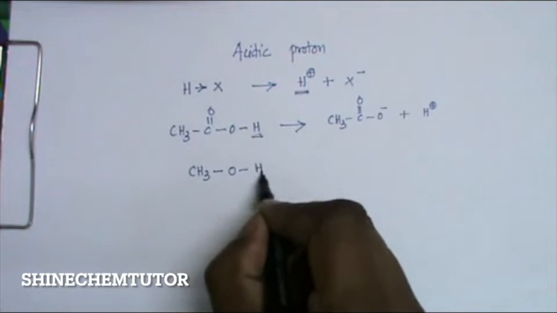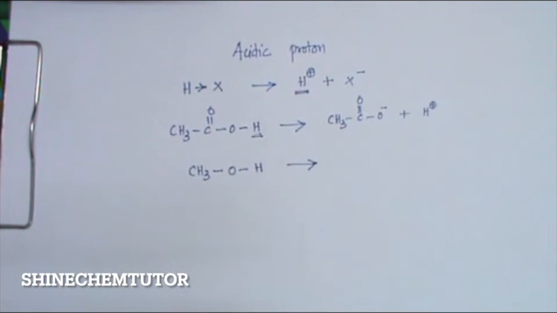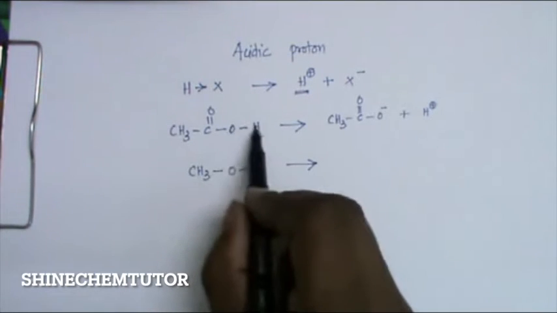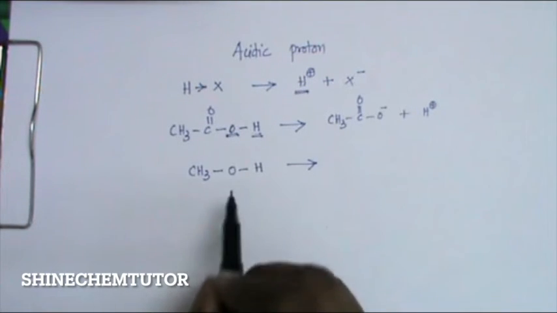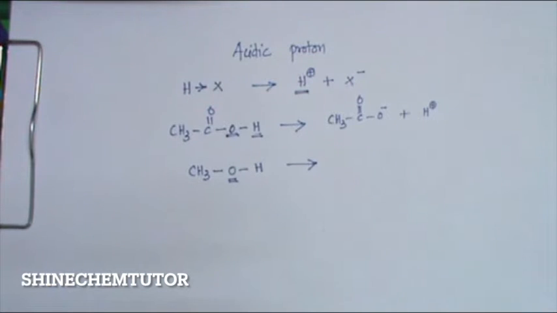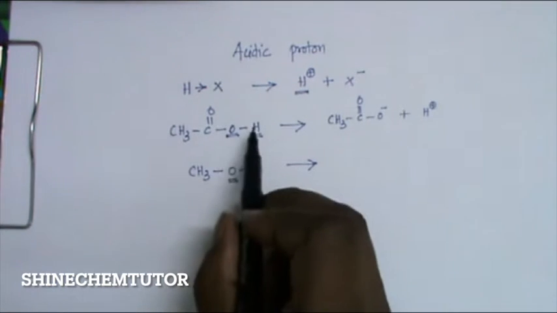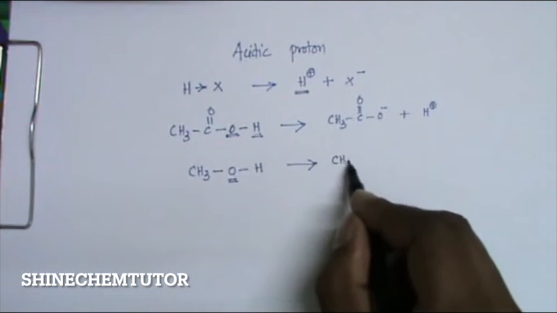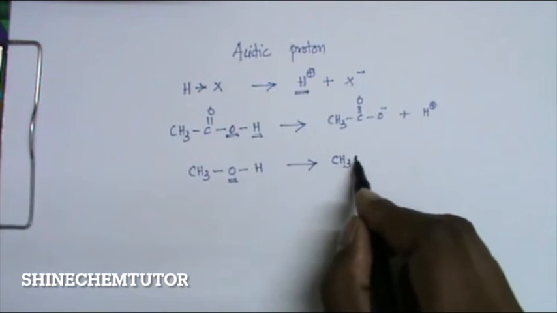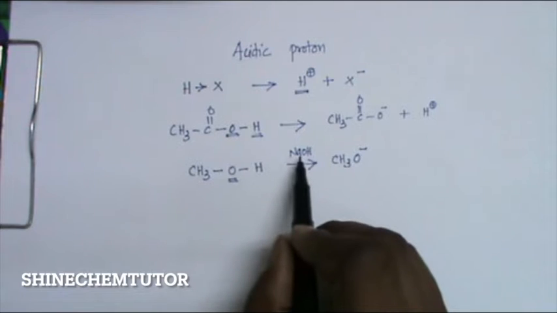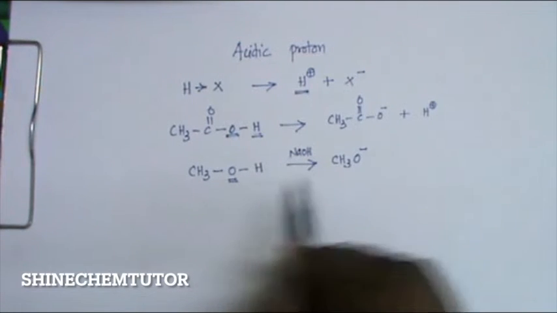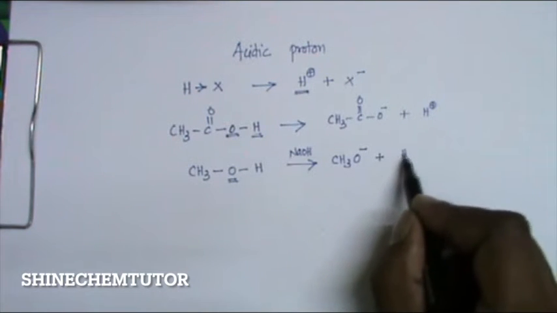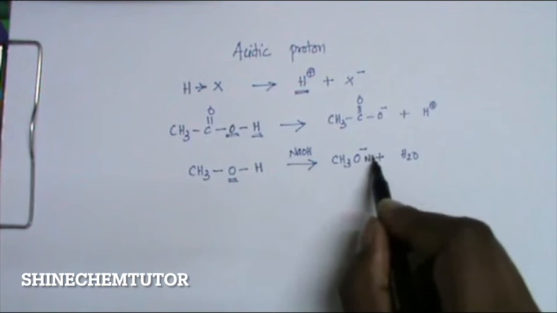Suppose if I go for methanol or alcohol. In the previous case, hydrogen is attached with oxygen. In this case also it is attached with oxygen. But compared to this, this is less acidic. It will not dissociate to give H plus, but when I treat this with sodium hydroxide, I will get this one.